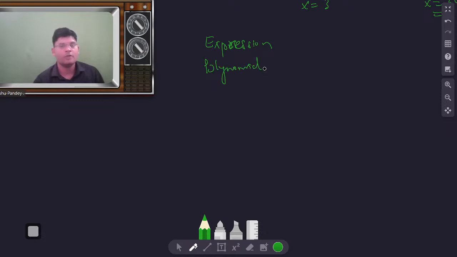What are polynomials? The expressions having only positive or whole numbers as their degree. Or all the exponential powers of all the variables should be positive numbers. It cannot be negative, it cannot be a square root or a half fraction. Sir, can it be 0?